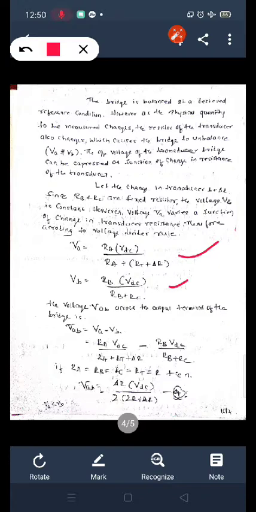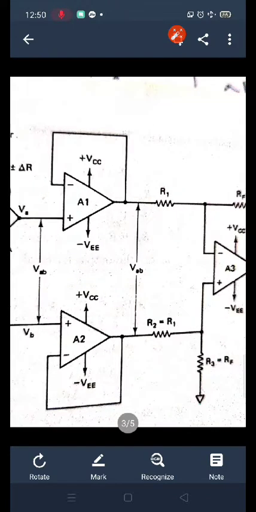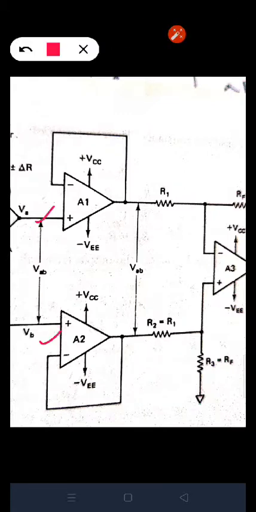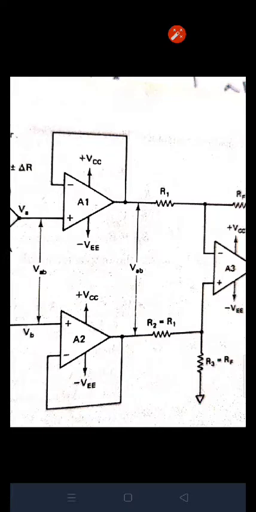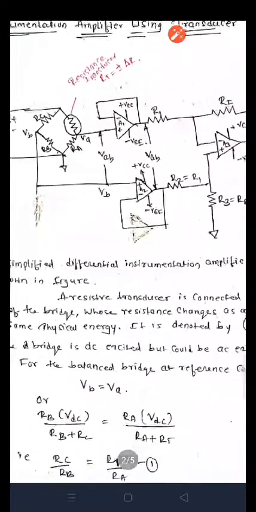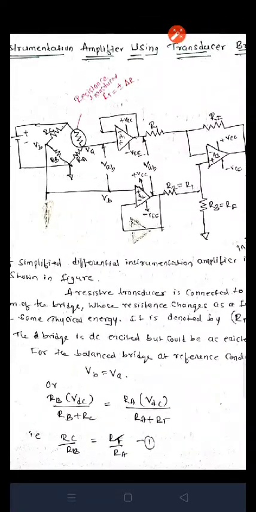Now the voltage VAB across the output terminal of the bridge will be equal to VA minus VB. VA minus VB is the voltage across VAB.